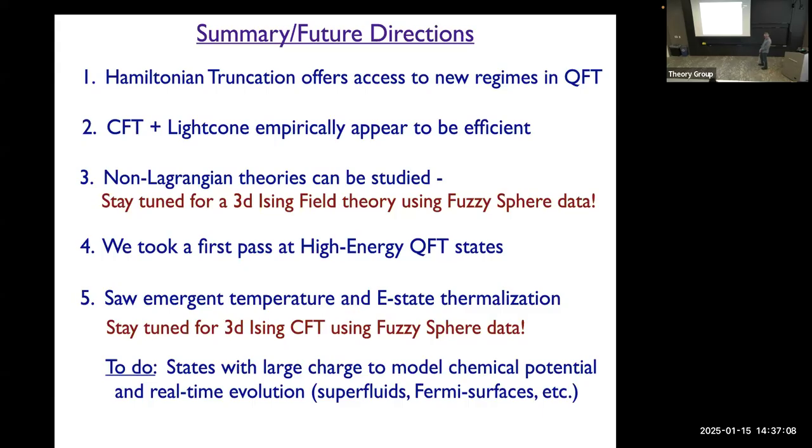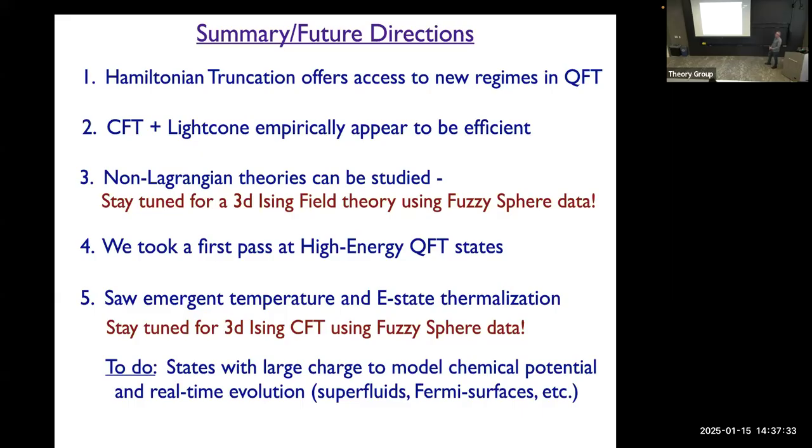It doesn't necessarily have to be a Lagrangian theory. And in particular, for those of you who know what the fuzzy sphere is, there's a lot of CFT data coming from the fuzzy sphere for the 3D Ising CFT. And so the same kind of theory that I showed you, which had those narrow resonances, its 3D cousin can now be explored, and maybe that's something we're thinking of doing next year.